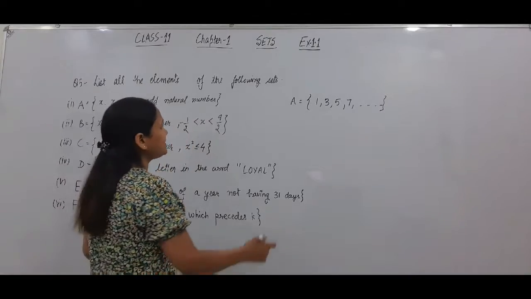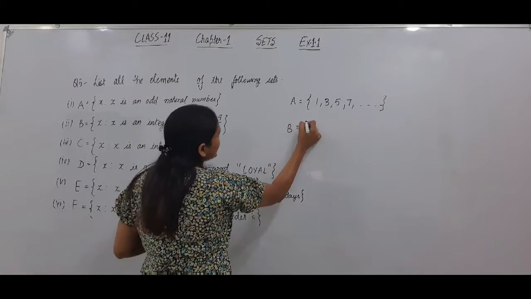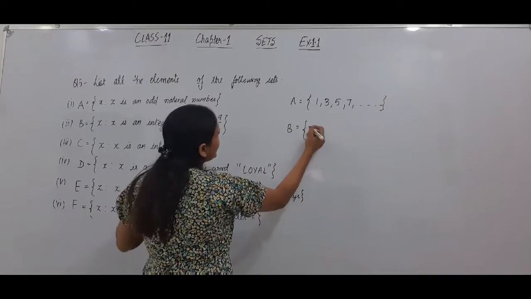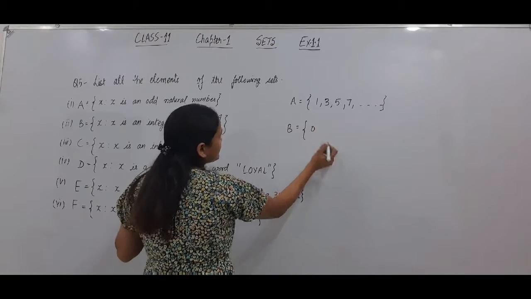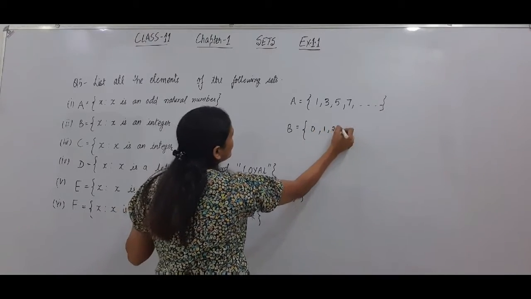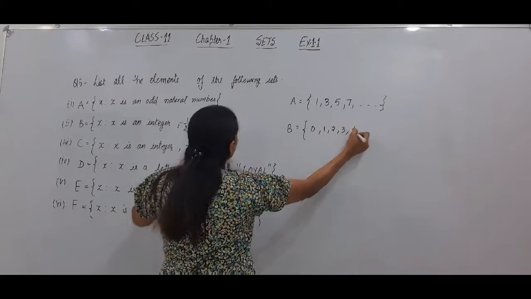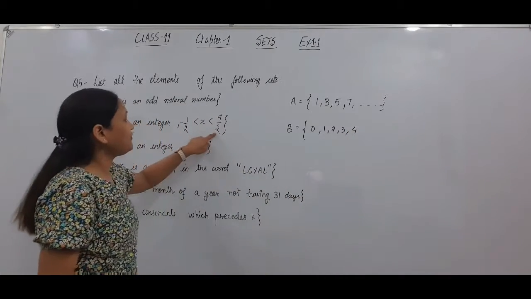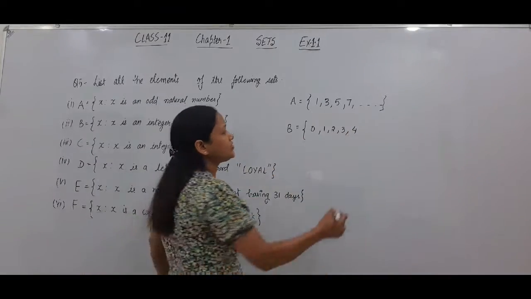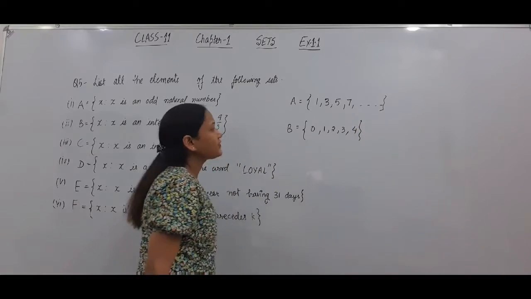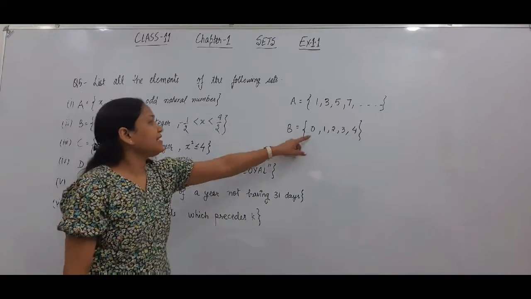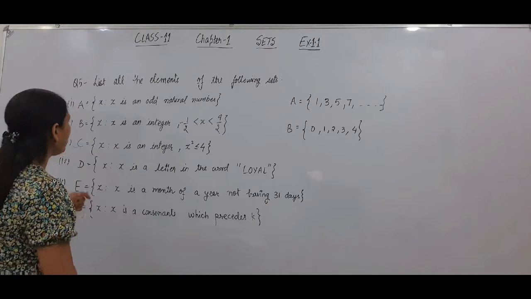So in between these two, the integers you get are 0, 1, 2, 3 and 4. Less than 4.5, your last integer is 4.